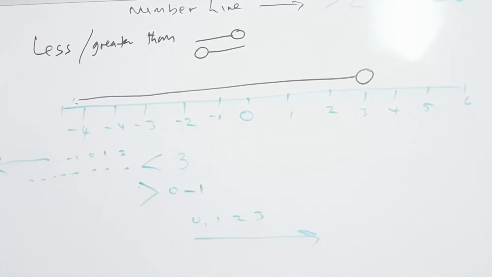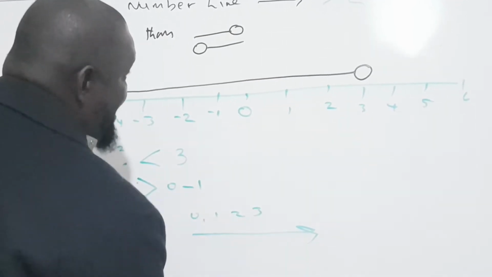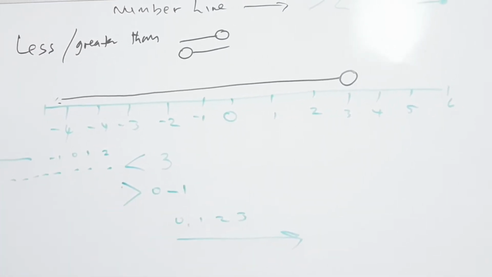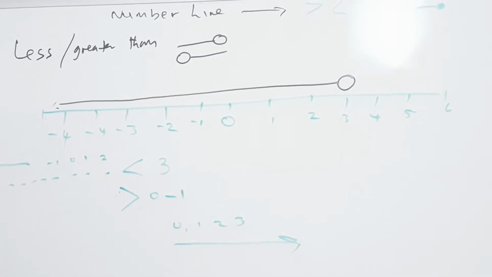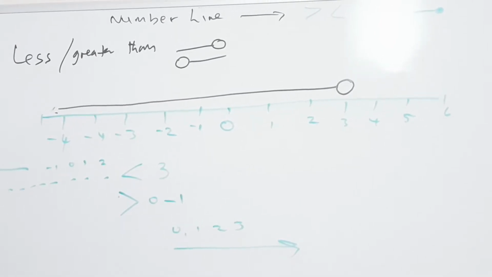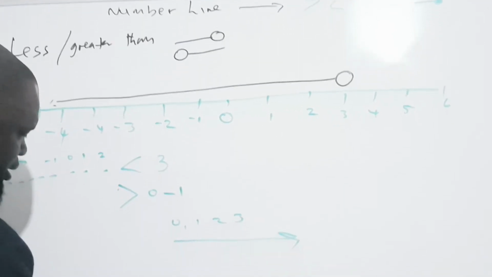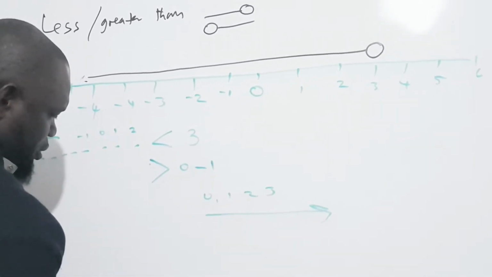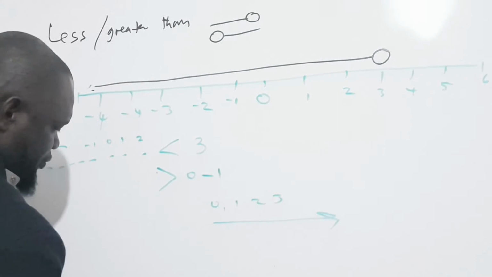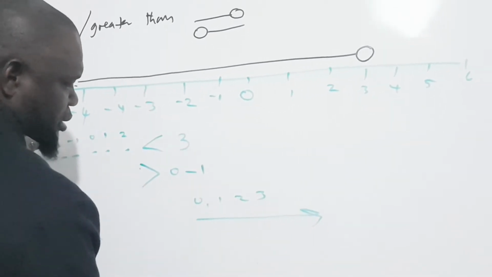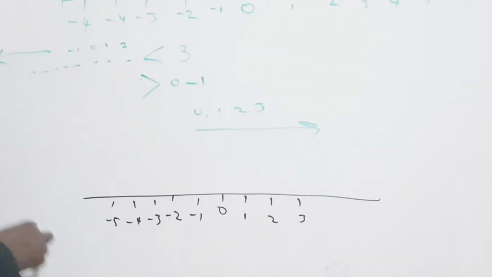Okay? Now look at the other one: all numbers greater than minus 1. Same thing. 0, minus 1, minus 2, minus 3, minus 4, minus 5, 1, 2, 3.